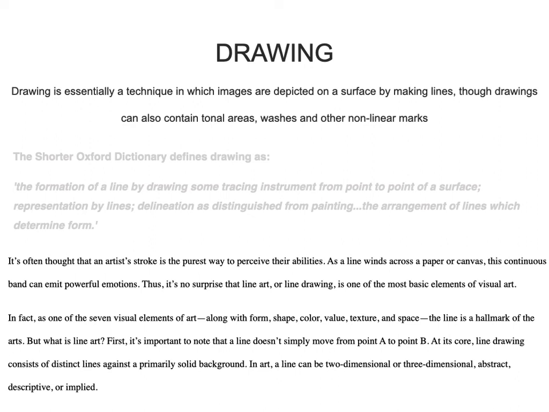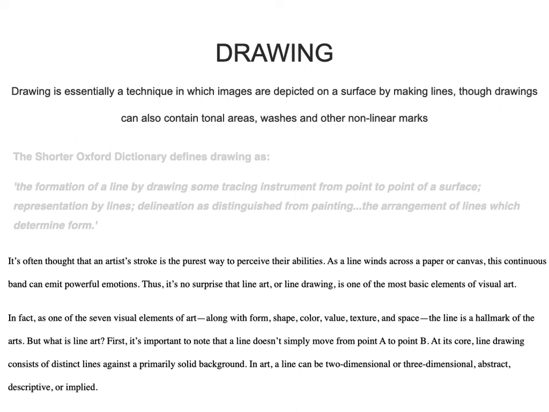The formation of a line by drawing some kind of tracing instrument from point to point on a surface, representation by lines, delineation as distinguished from painting, the arrangement of lines which determine form. That is a definition from the Oxford Dictionary.